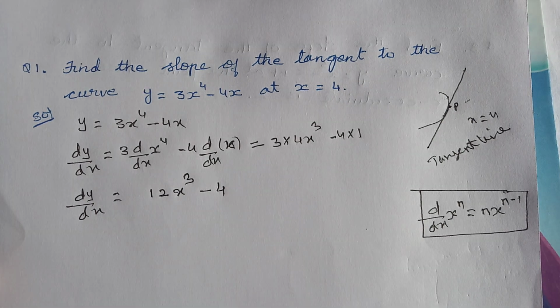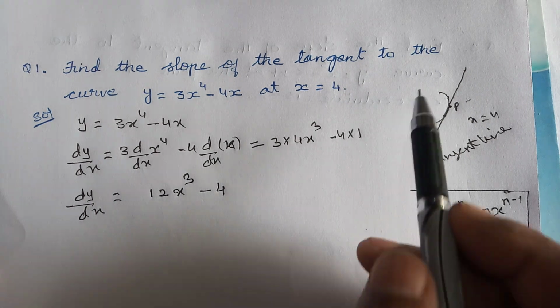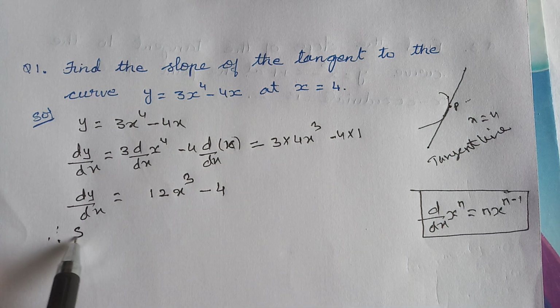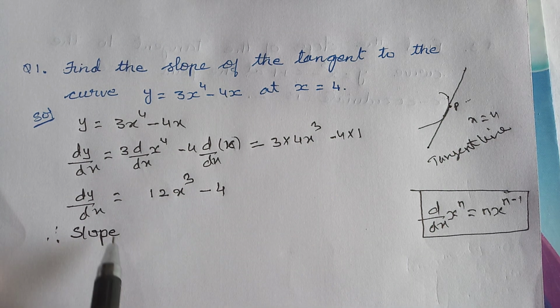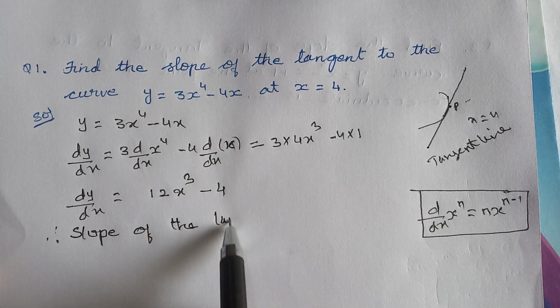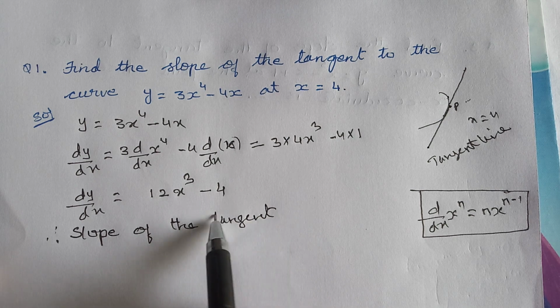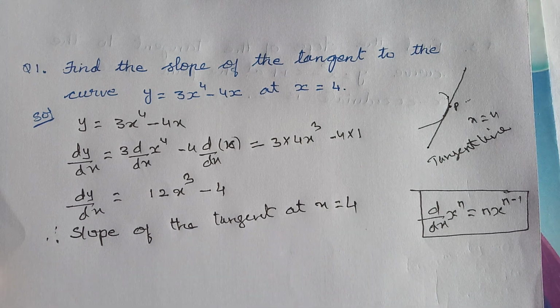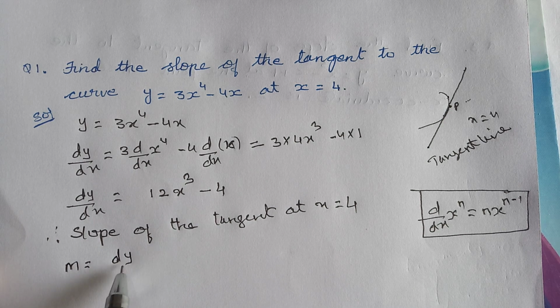Now you have to find the slope of the tangent at x equal to 4. Therefore, the slope of the tangent at given x equal to 4. Suppose that slope is m, you can write it in this form also, dy by dx at x equal to 4.